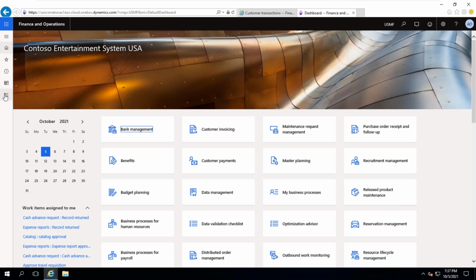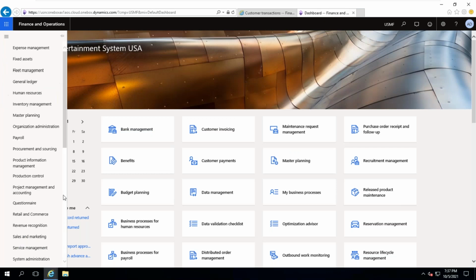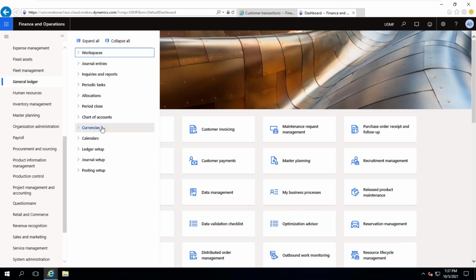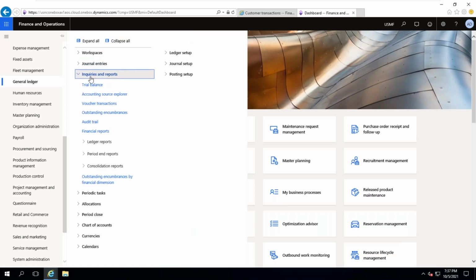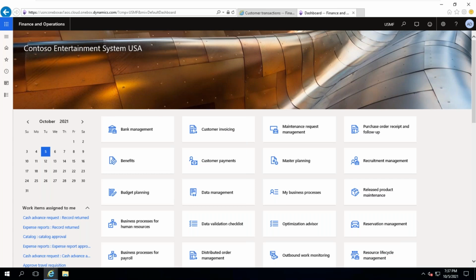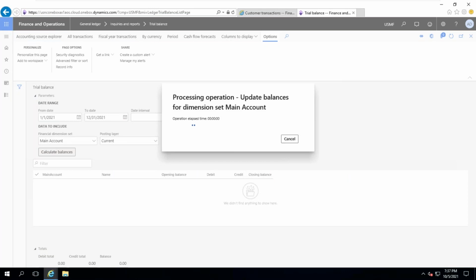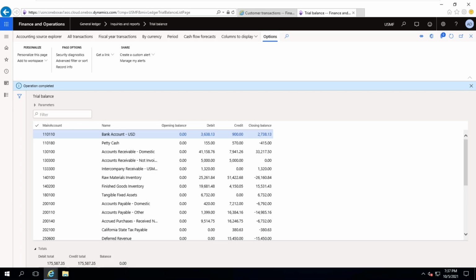Now, if I go to the trial balance, under general ledger, collapse all, inquiries and reports, trial balance, and click calculate, then for one bank account this is the balance, for one cash account this is the balance.